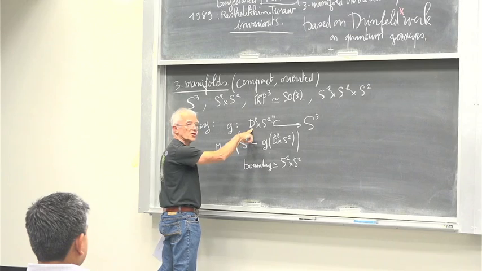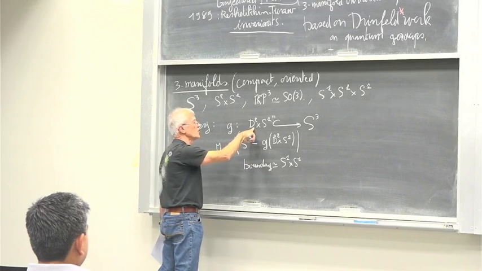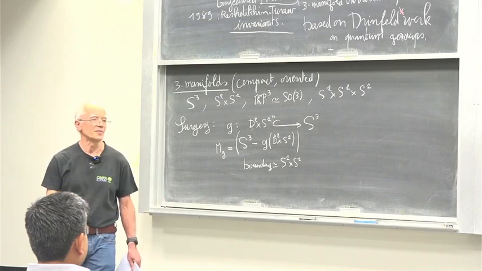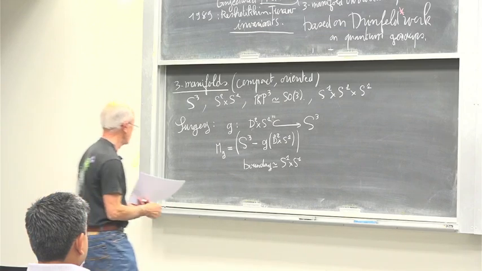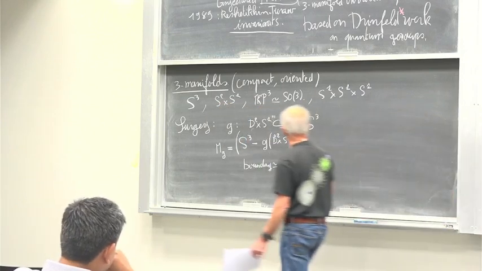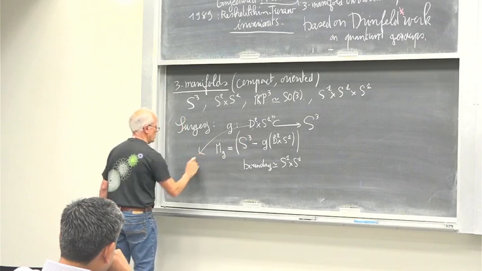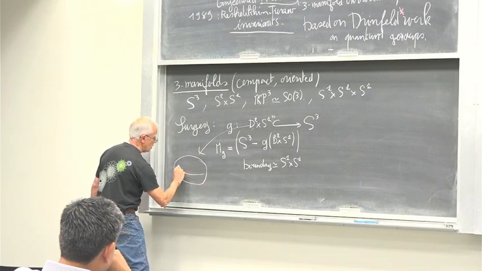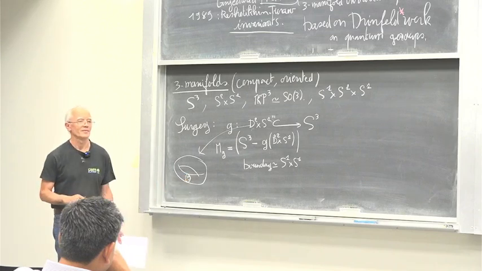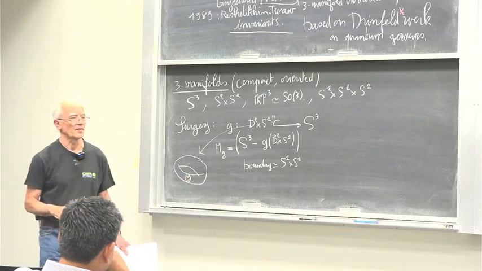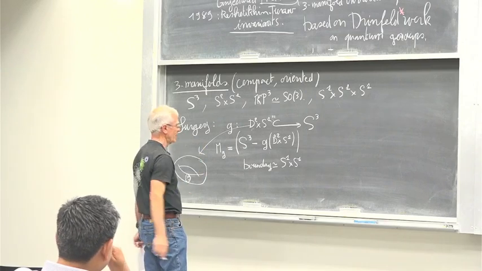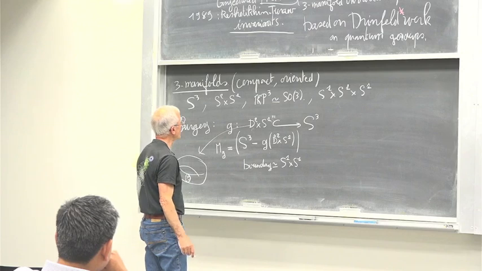This is a disk D2 in the unit disk in C or in R2. Unit disk. So you see, D2 times S1 is something that you draw like this, but it includes the interior. This is a kind of a generalization of the concept of links.